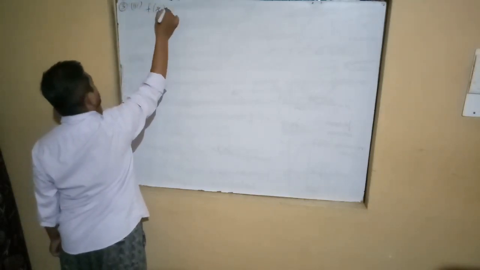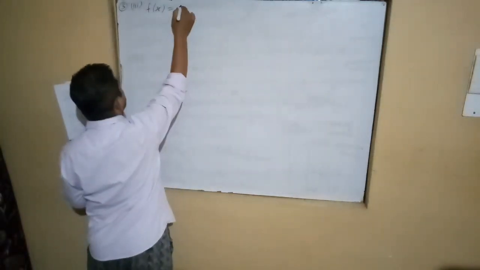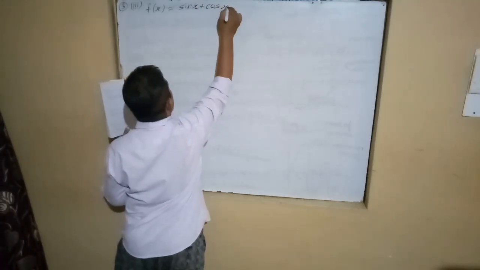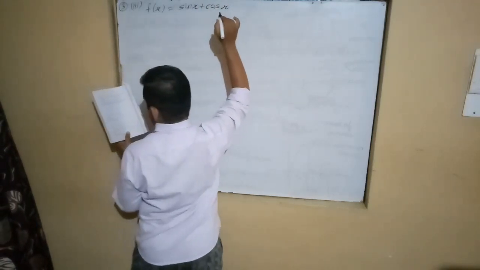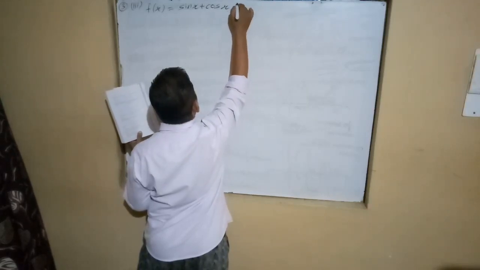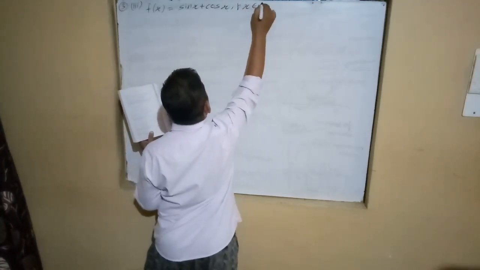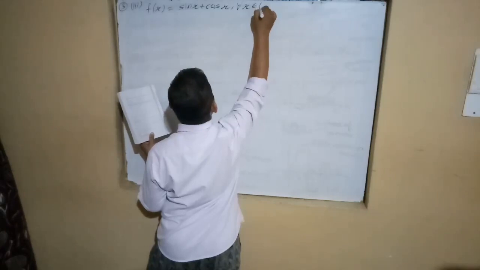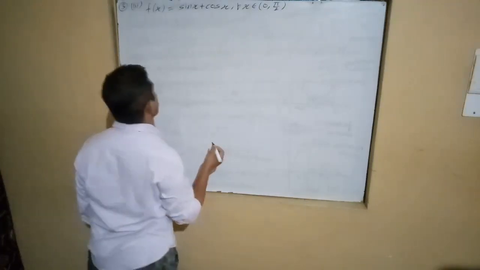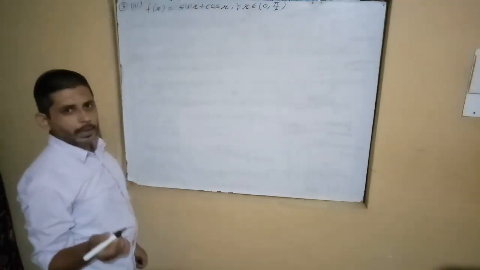Here a function is given: f(x) is equal to sin x plus cos x, for all x belonging to 0 to pi by 2. Okay, so how to solve? We can apply the first or second derivative test.